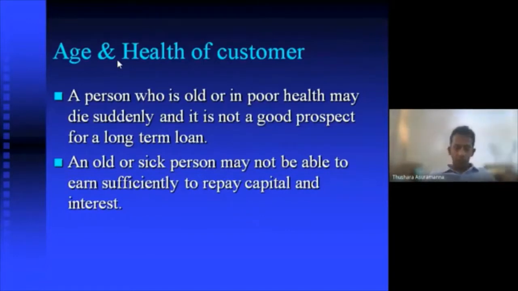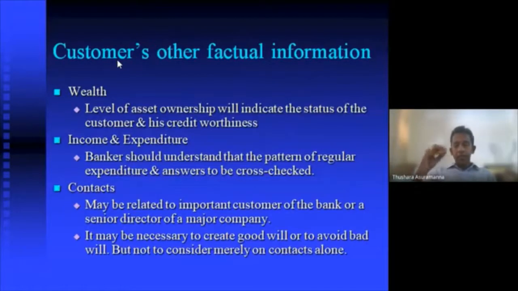Maybe if the customer is old, we have some risk in terms of conducting the business, or he may not be in a position to repay your loan commitments as expected. That's about age and health. Then other factual information like wealth, income, expenditure, contacts is very important.